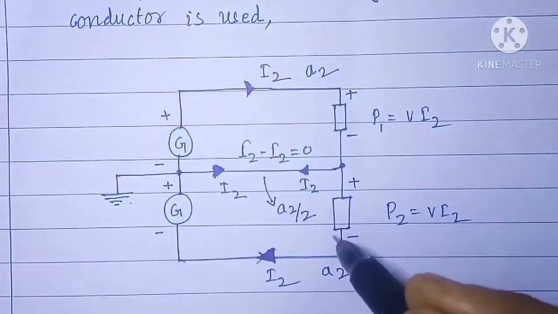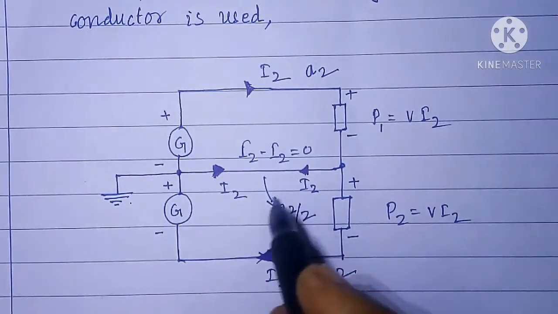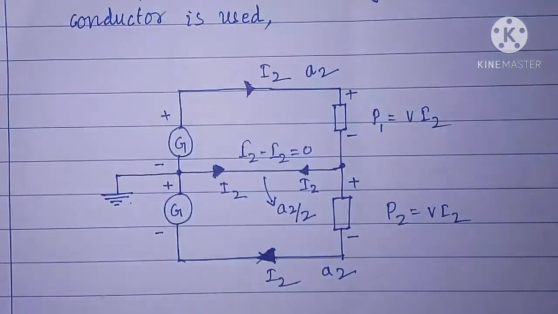Only in case of unbalance, very small current will be flowing, and to take care of that current, area of cross section is kept half here, comparing to the area of cross section of outer conductors.